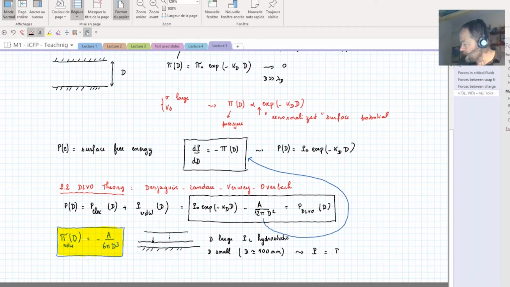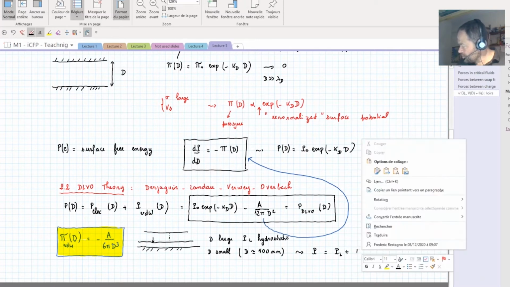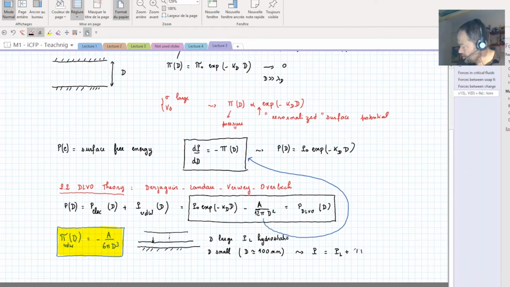So the pressure will be the pressure of the liquid plus the van der Waals term. And of course, if there are electrostatic terms, I will correct the pressure by the different disjoining pressures.